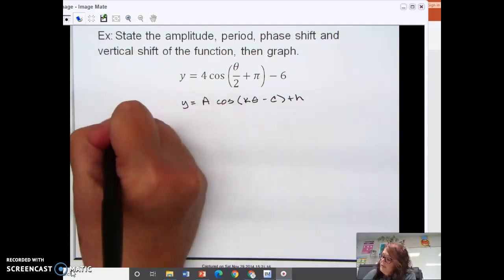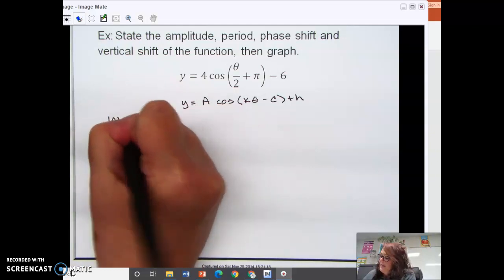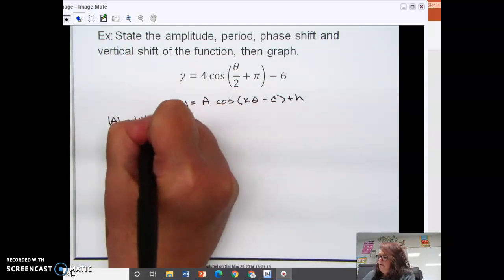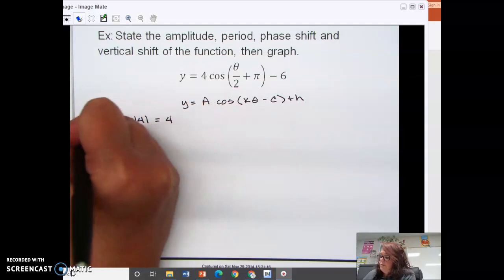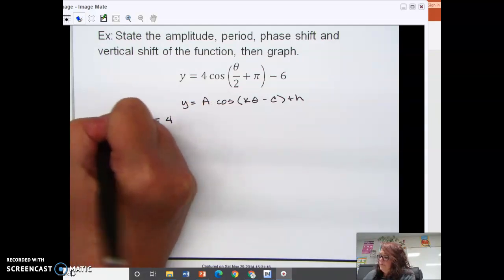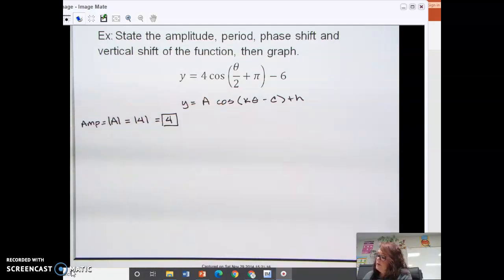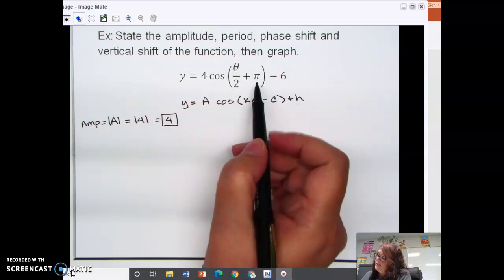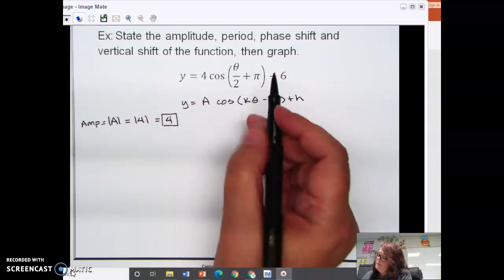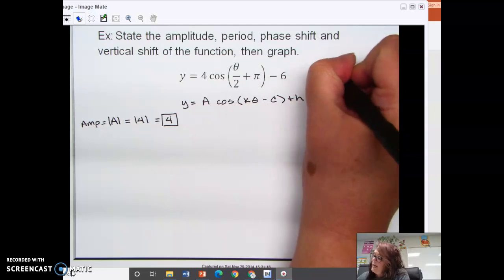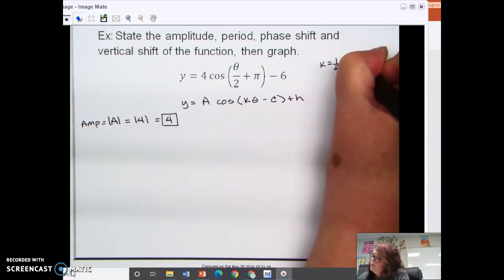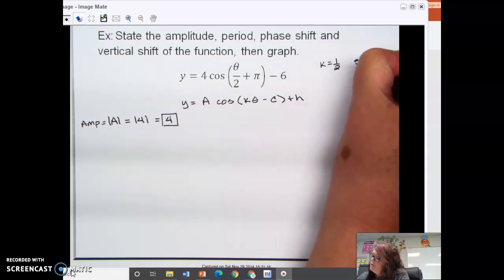So over here, we get the absolute value of A is equal to the absolute value of 4, or just 4. So that's going to be my amplitude. Okay. The period is going to be, now notice my K value is 1/2. So my horizontal scale factor is going to be 2.